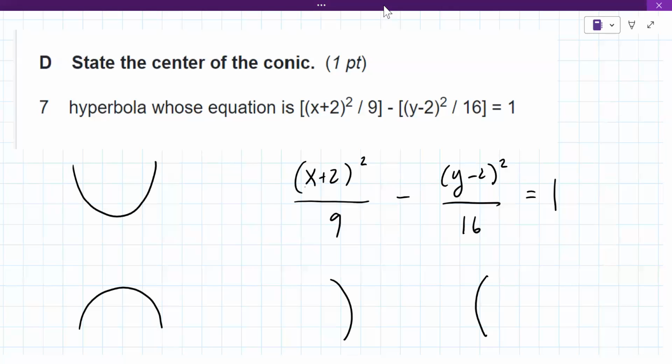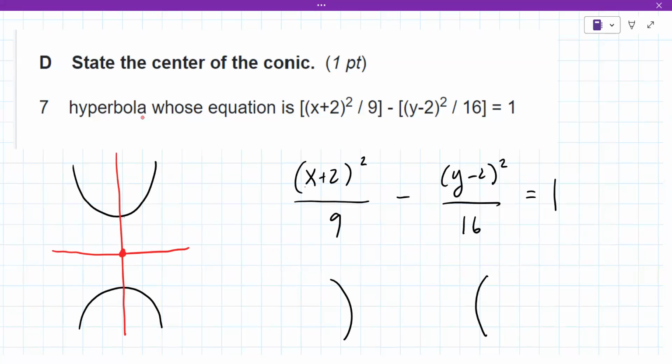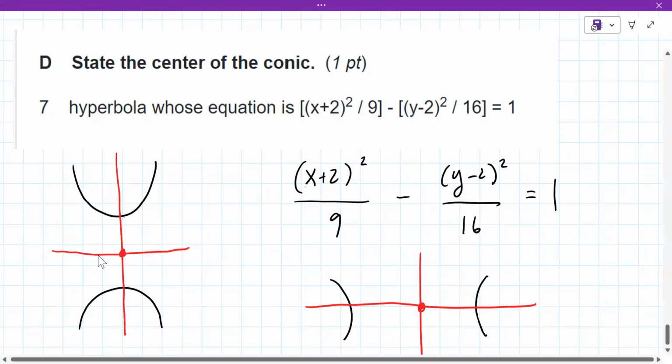In either case, there's a line that goes right down the middle and another line that meets it, at what's called the center. Same thing here. You have to draw these and sort of estimate where they are. So go ahead and graph this.